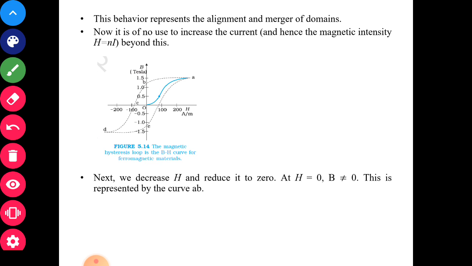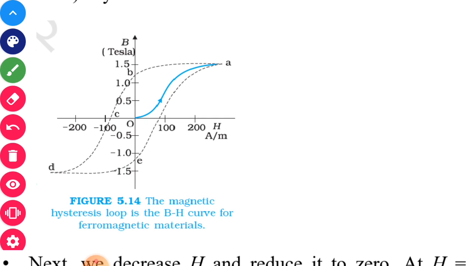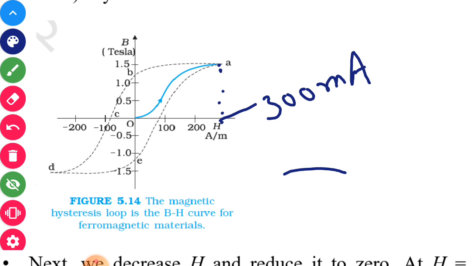So at H equal to 0 you can see this point. Closely see this point. This point is the saturation magnetism, at round about say 300 here. You can take 300 milliampere as the point where you get saturation magnetism. Then from 300 milliampere you are making the current 0.